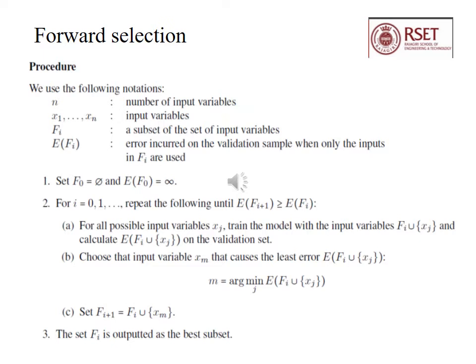So we add that feature into the Fi+1 set. And the set Fi is outputted as the best subset. So after applying the algorithm, we get the best features. The best features means the best input variables. I hope the algorithm part is clear.